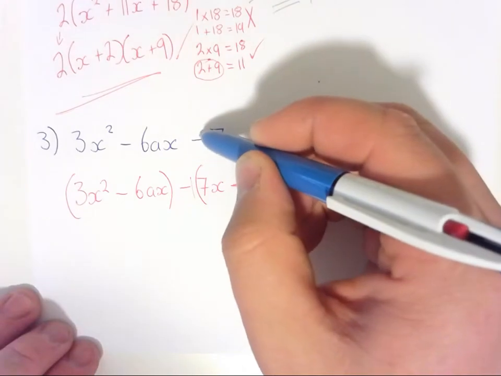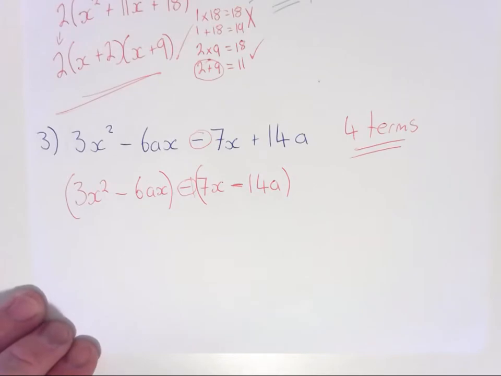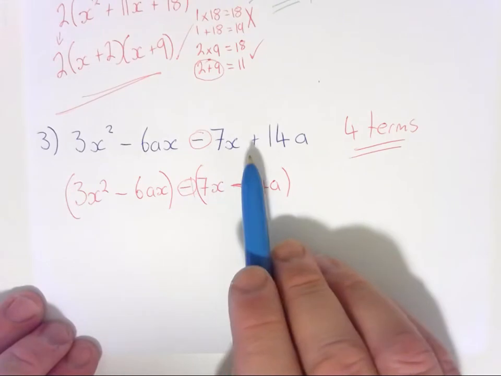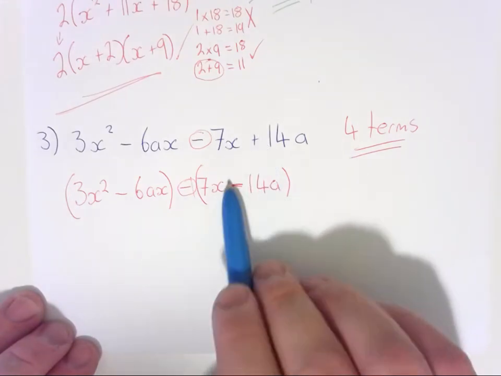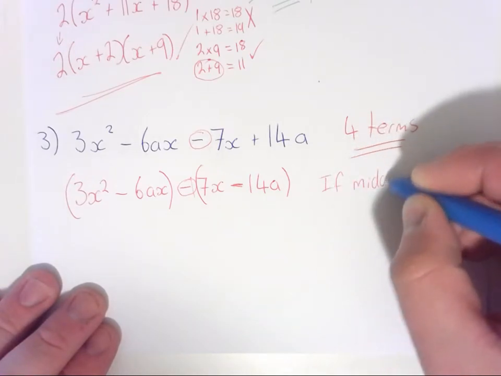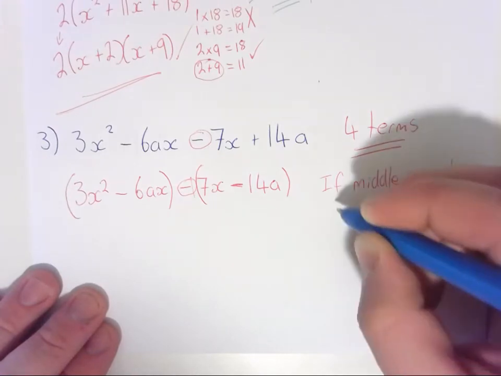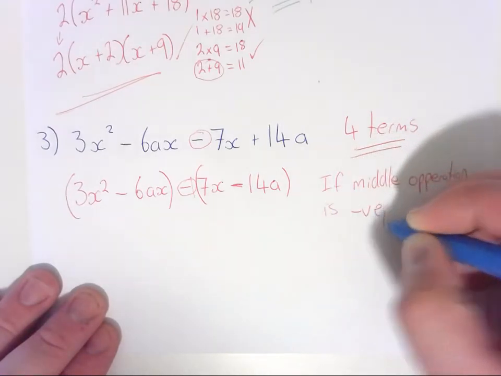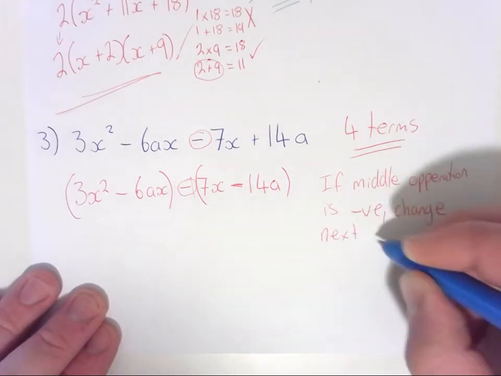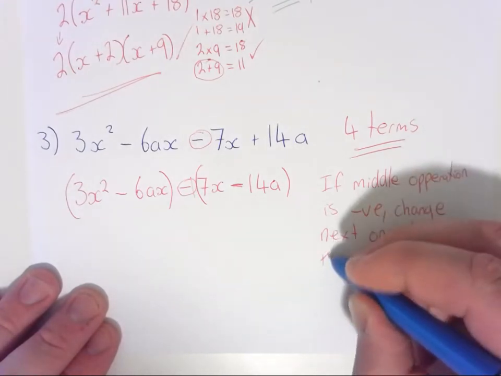If this middle joining operation is a negative, you must change the next operation to the opposite. So if the middle operation is negative, we need to change the next operation to the opposite.